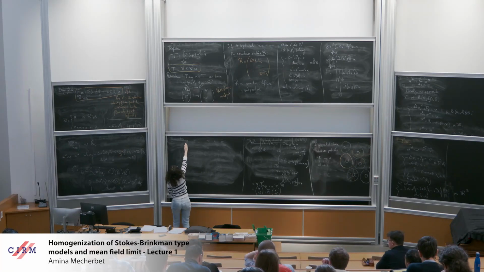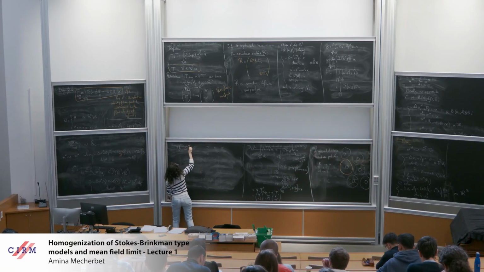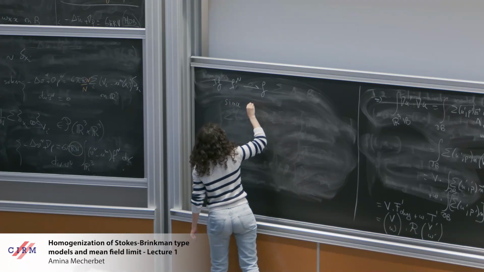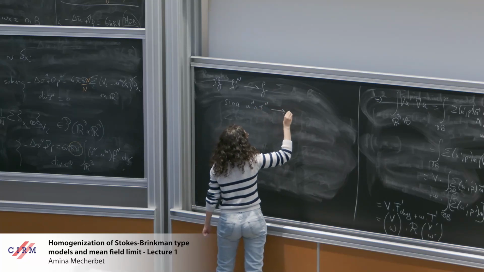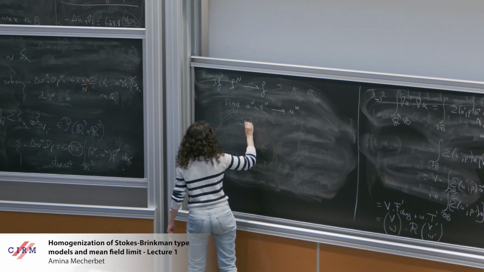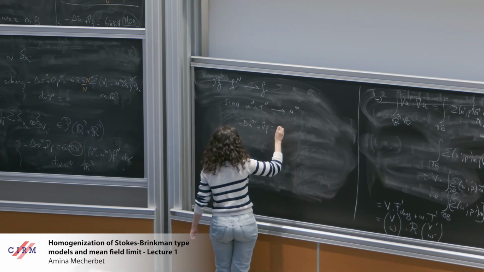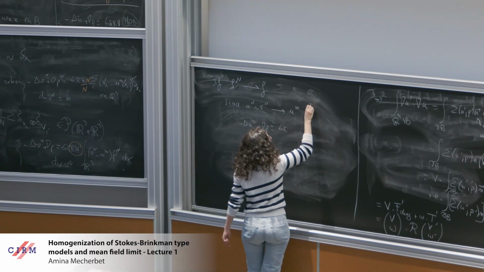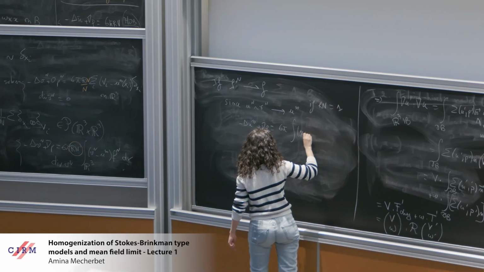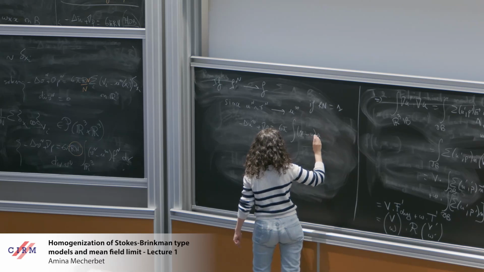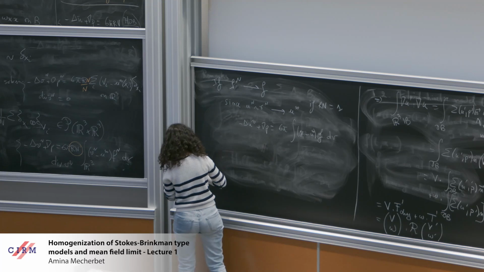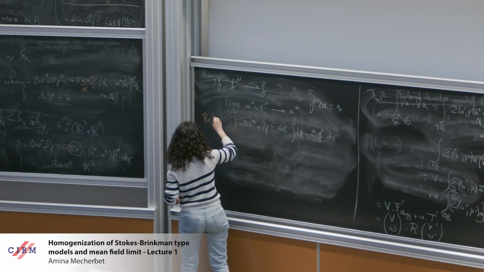So if Fn converges in the sense of measure to some f, and since un and vn both converge to some u∞, you recover, and if, let's say, Rn is equal to 1, V minus U. And I forgot about the small Reynolds number here.